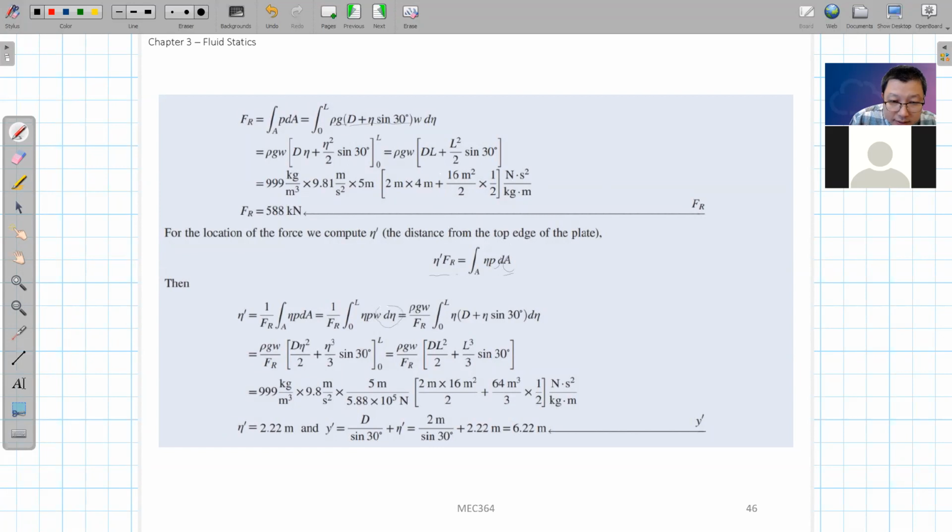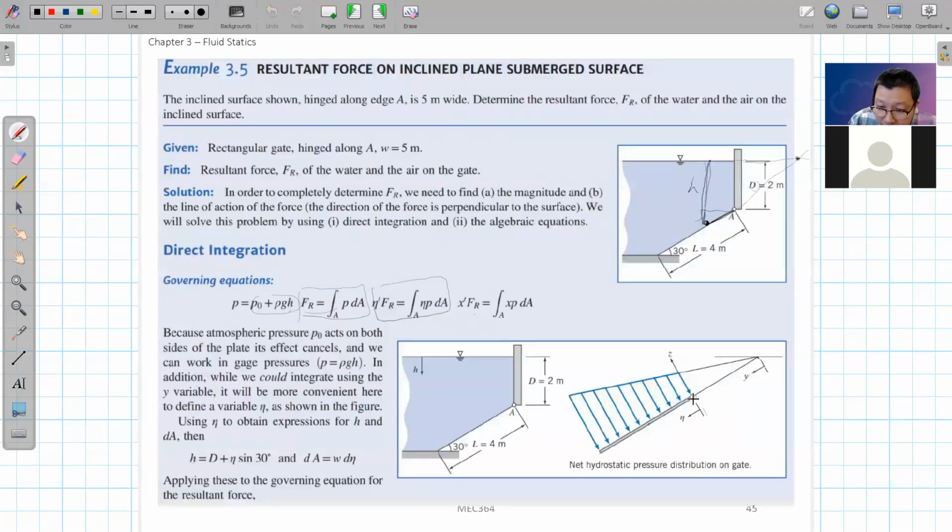Bring everything inside and do the integral on eta, and the final result for eta prime will be 2.22 meters. So starting from here, you go 2.22 meters and you find the location in the y direction.